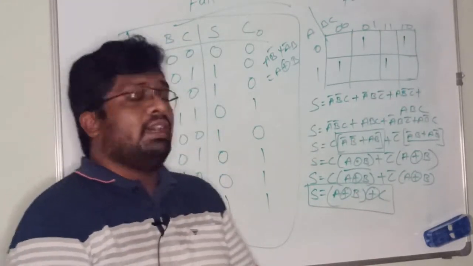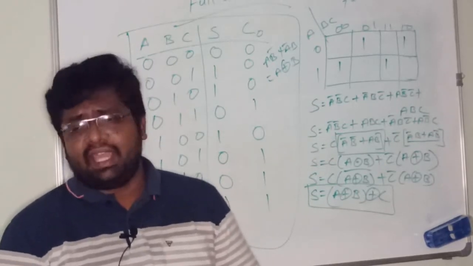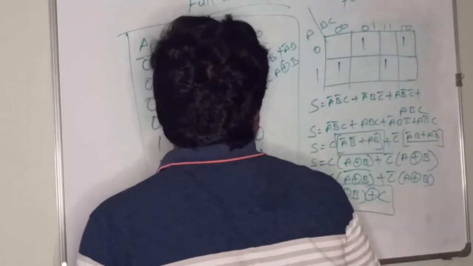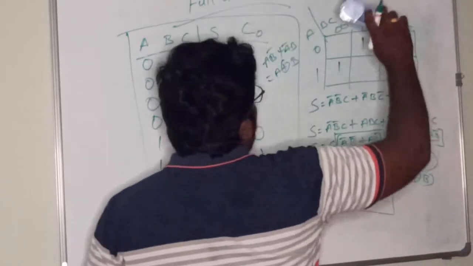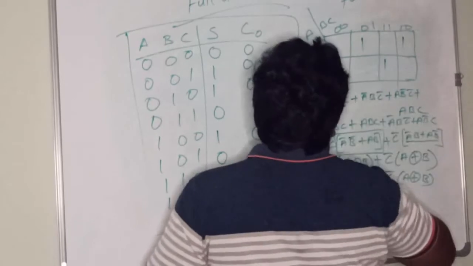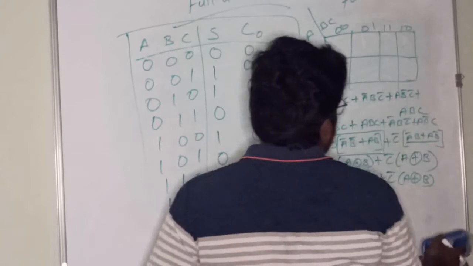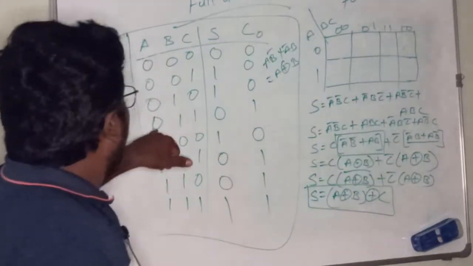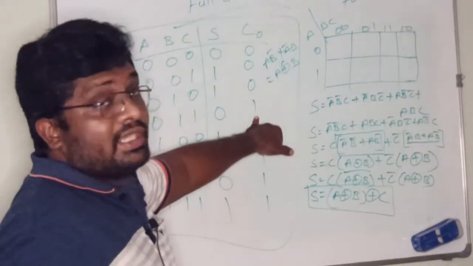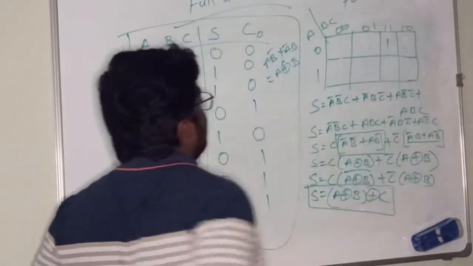So now let us see the minimized expression for the carry. For carry C0, I am erasing them. So when we have 0, 1, 1 as inputs, C0 is equal to 1. So 0, 1, 1, this is the minterm.